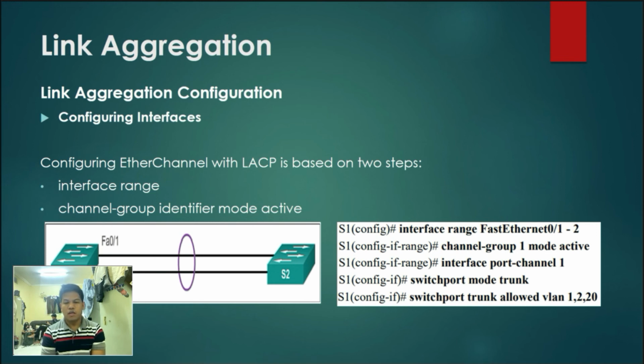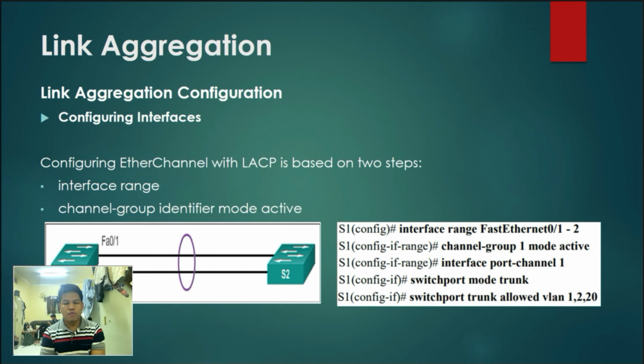First, specify the interfaces that compose the EtherChannel group using the interface range command. And the next configuration is the channel-group identifier mode active.